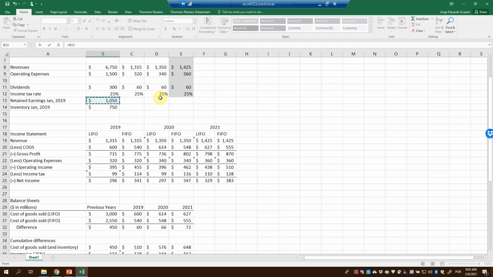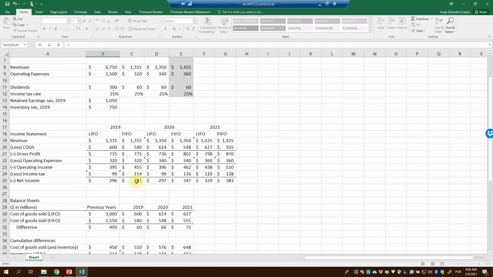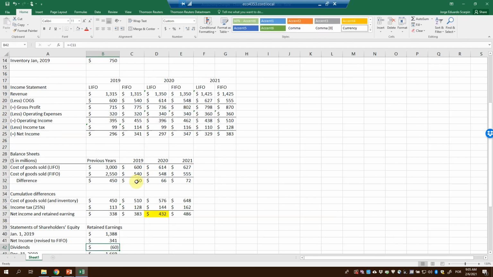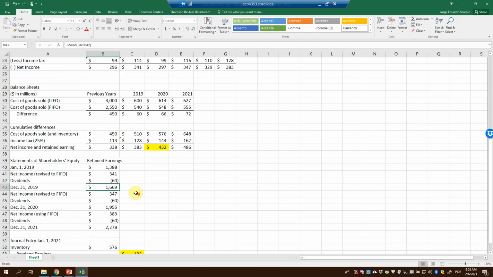Retained earnings according to LIFO, 1,050 plus cumulative difference for net income and retained earnings, 2019 net income. Net income 2019 according to FIFO. Dividends, we have it here, 60. And we do it for every year.